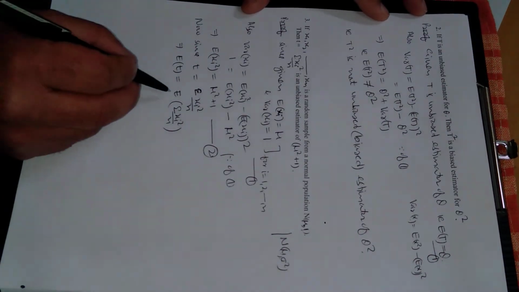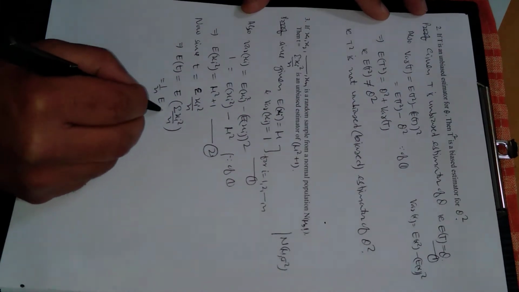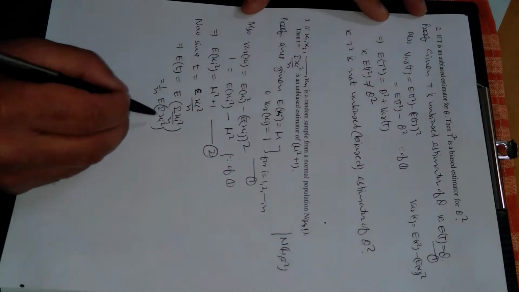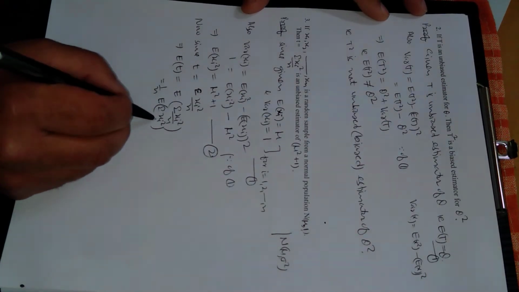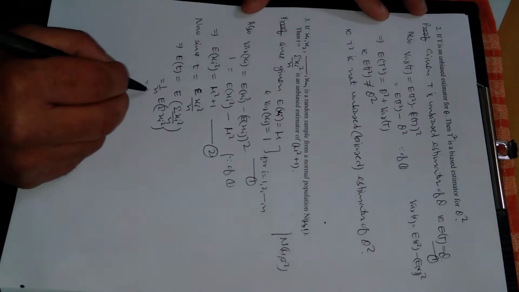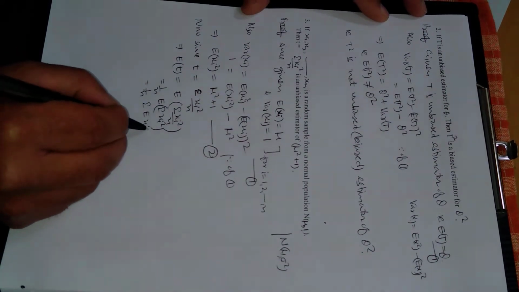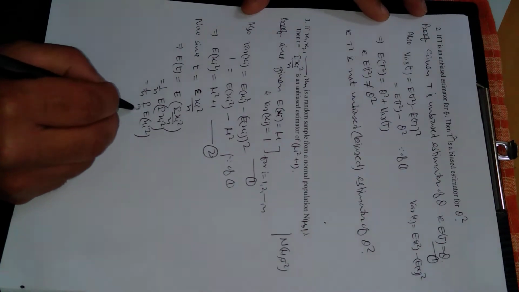Using the linear property of E, n is constant, so taking it outside, this will be expected value of summation xi square. Summation and E can be interchanged, depending on the situation, depending on what we want to prove. So this is summation E of xi square, i varying from 1 to n.